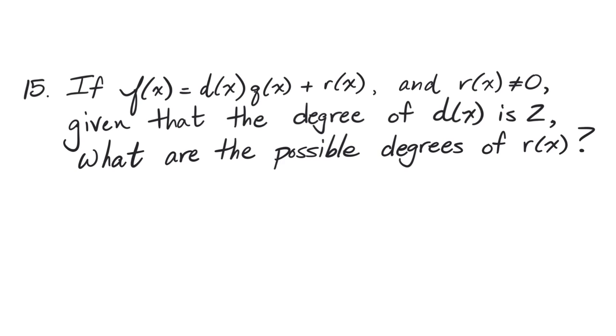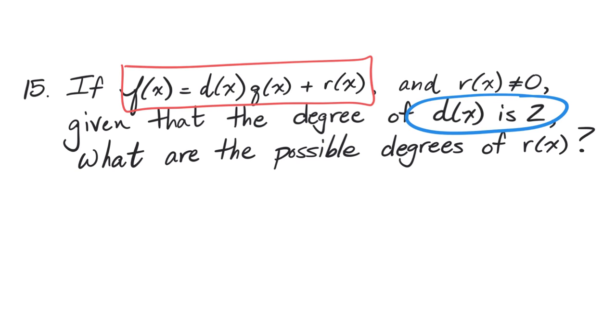All I'm going to do is deal with the fact that the degree of the divisor is 2. So if I went back up to my original expression that I just boxed in red there, with something along the lines of, I don't know what f of x is, but you're telling me that my divisor is degree 2.